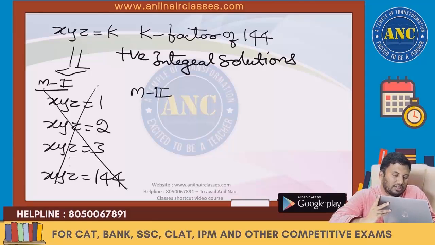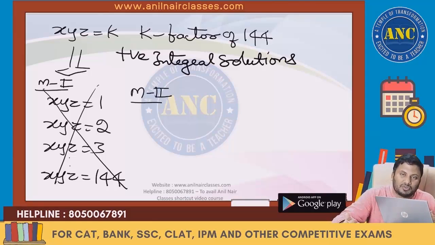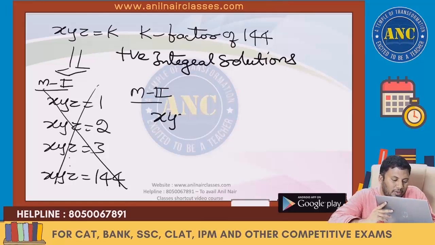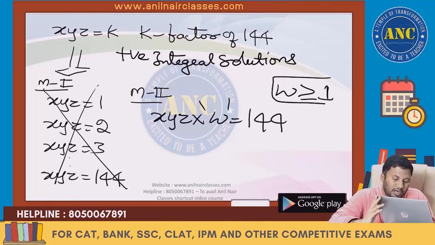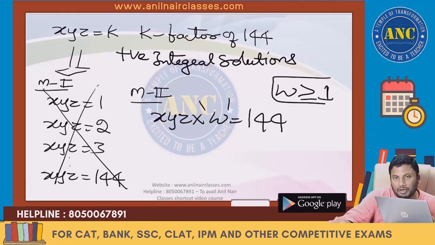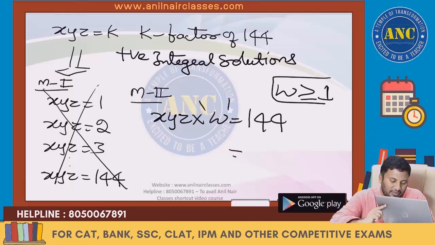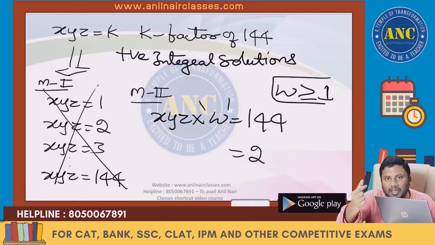Method 2 is, if XYZ is 1, I substitute some dummy variable W to get 144. W is definitely greater than or equivalent to 1. Am I right? If XYZ is 1, W is 144. If XYZ is 72, W is 2. So introduce a dummy variable.